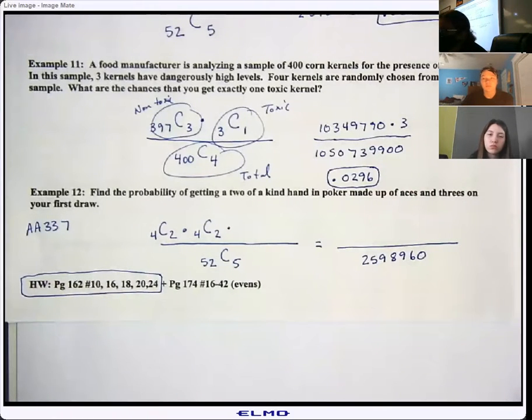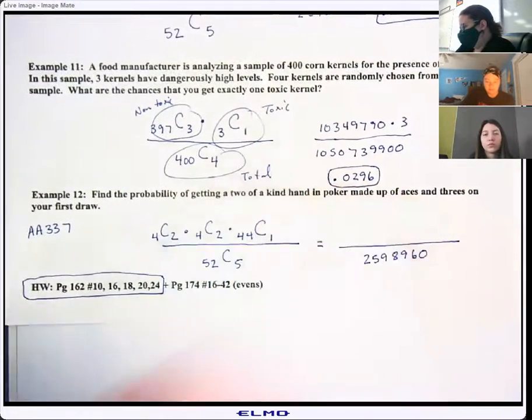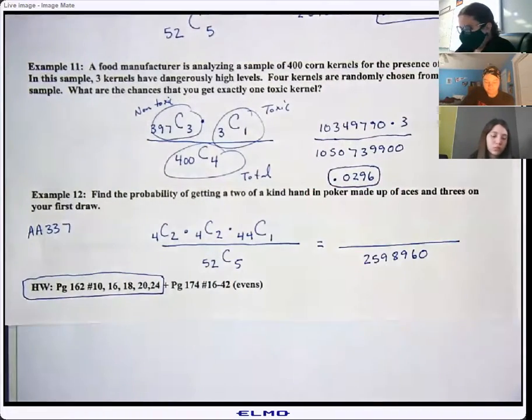Because if our final card is an ace or a 3, that would be called a full house, where you have 3 of one and 2 of the other. So how many cards are left in the deck that aren't an ace and aren't a 3? 44. And we need one of those, whatever that is. Now we're going to put it all together.